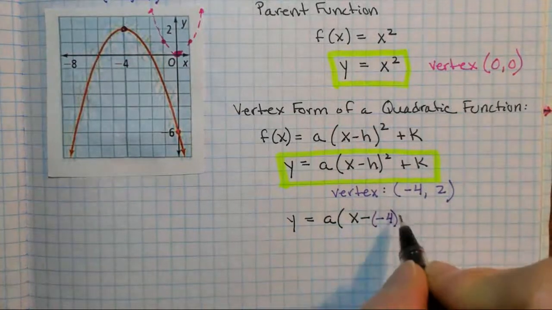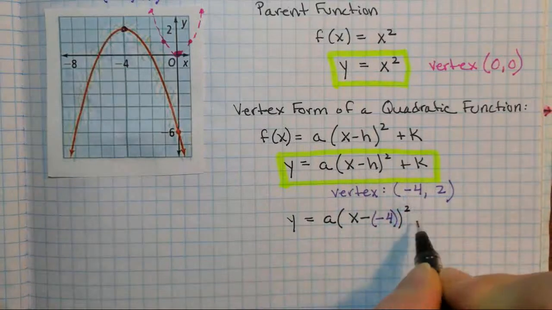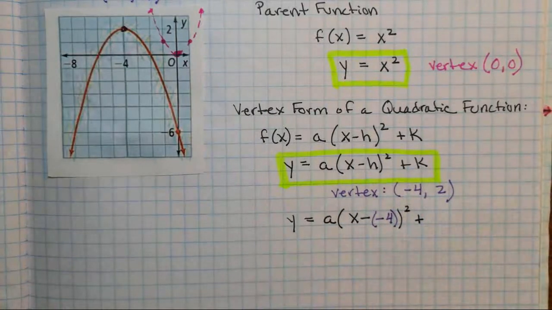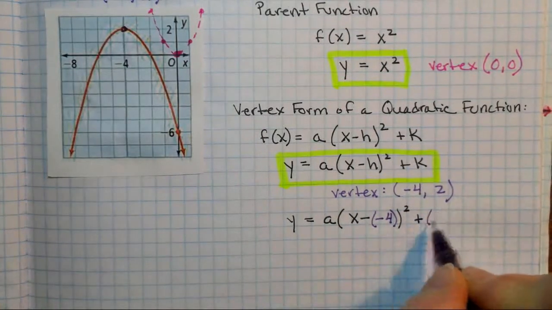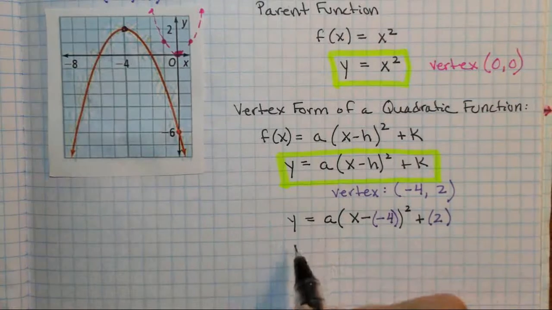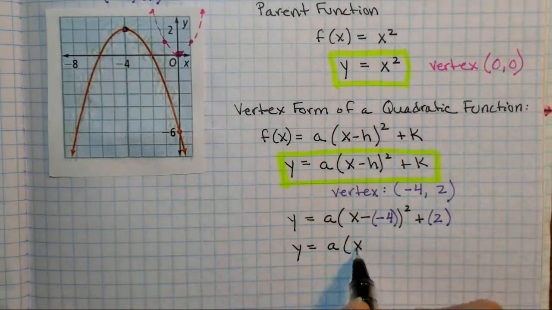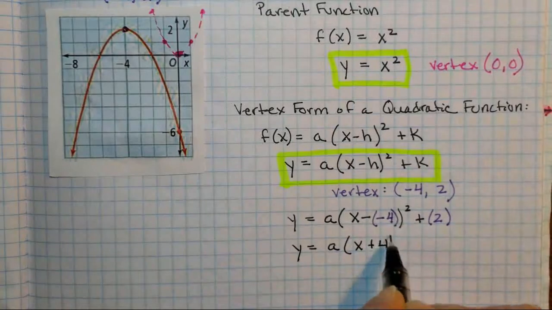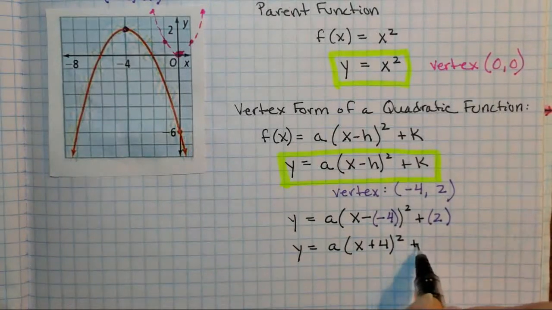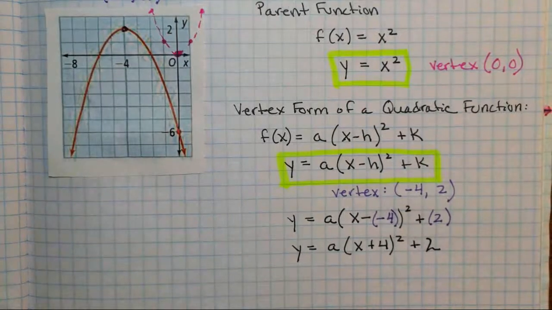So be careful with that, because notice I had this minus is not this minus, plus k, and my k is just 2. So I substitute that in. So let's just clean this up. So what do I have? I have y is equal to a times x plus 4 squared plus 2. Well, I am almost done.